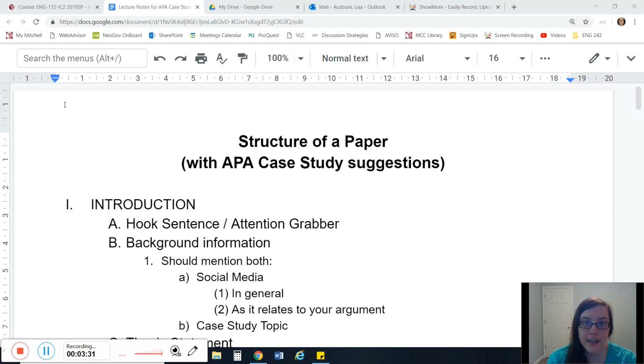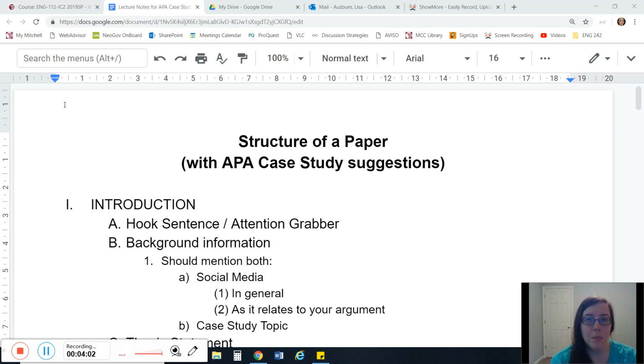Starting with a case study can sometimes lead you astray, can make you feel like this paper is about the case study, when of course the case study is incorporated, but it's really just used to exemplify your argument about social media. So my personal preference is for students to begin with a statement about social media in general, or if you're like, my case study will make for the perfect hook sentence or attention grabber, try to work in its relationship to social media.